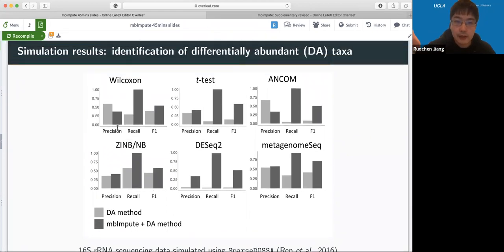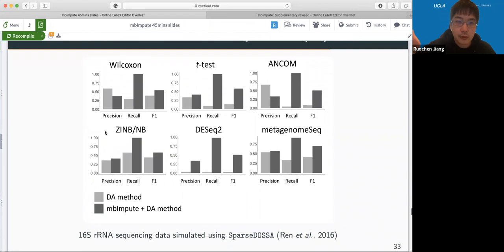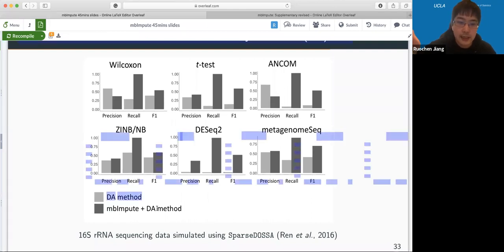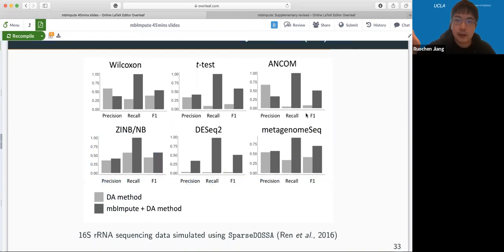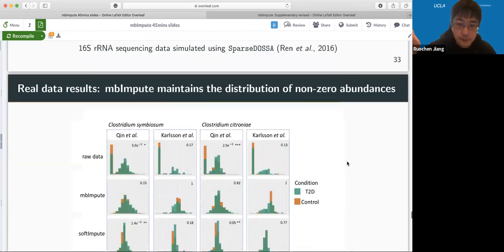After imputation, we are able to measure the improvement in precision, recall, and F1 score. The higher the bar here, the better the result. We compare before imputation and after imputation, and we think that our method can facilitate those DA analyses.